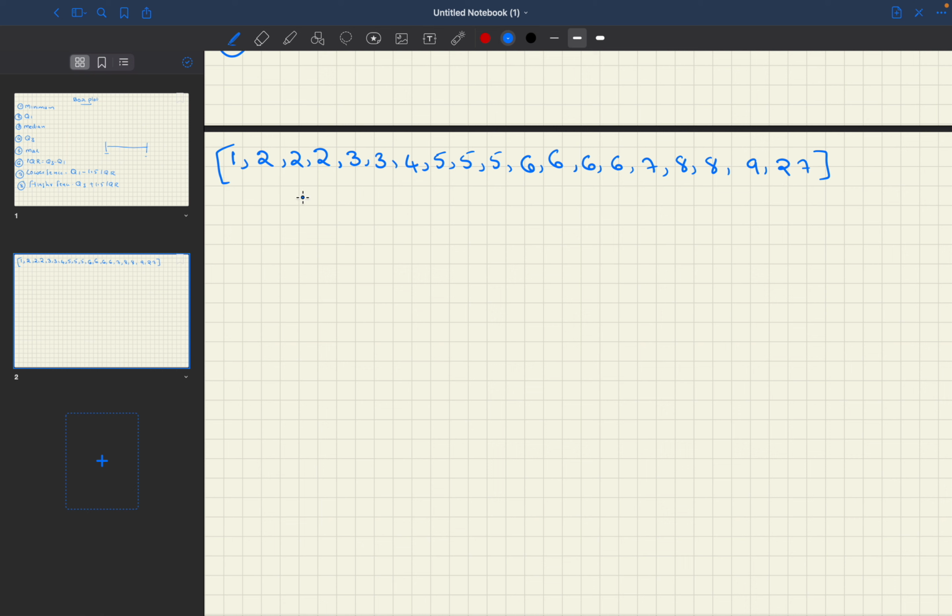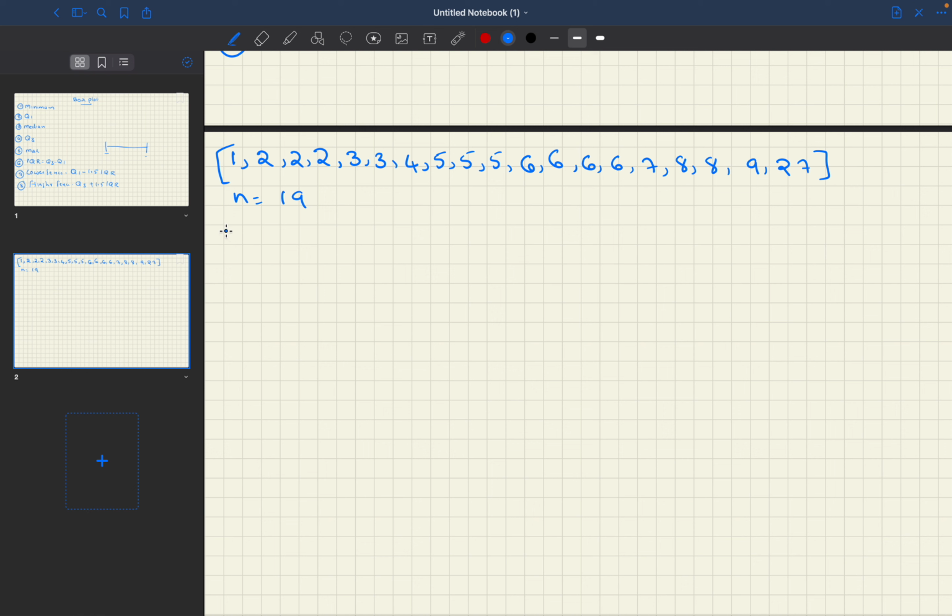First, let's count the number of items in the data set: 1, 2, 3, 4, 5, 6, 7, 8, 9, 10, 11, 12, 13, 14, 15, 16, 17, 18, 19. So n is equal to 19.